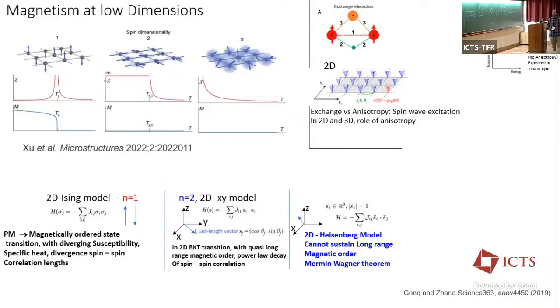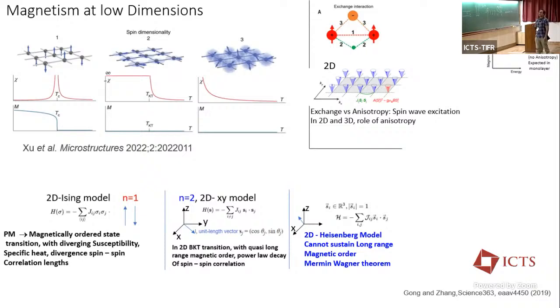If you have exchange interactions, then as you go across your ordering transition, long wavelength Goldstone modes are generated. These are the magnons, and they are typically gapless. So these magnons can spread out of the system, and you lose order.